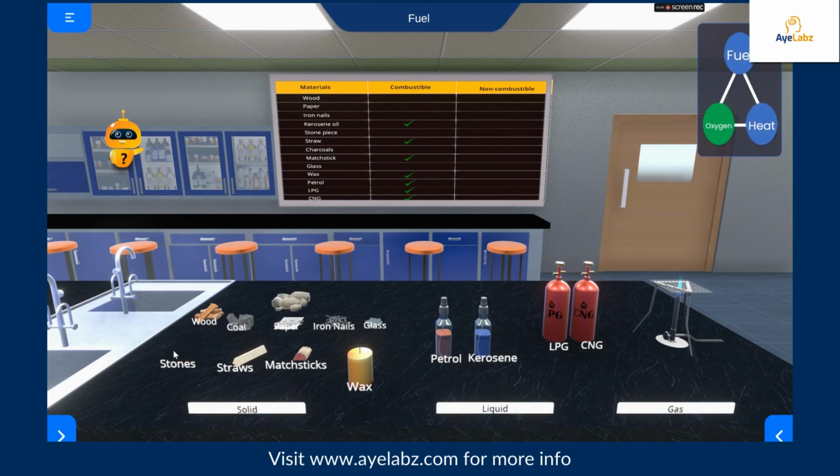What about stones? It's not combustible because fuel is missing over here.